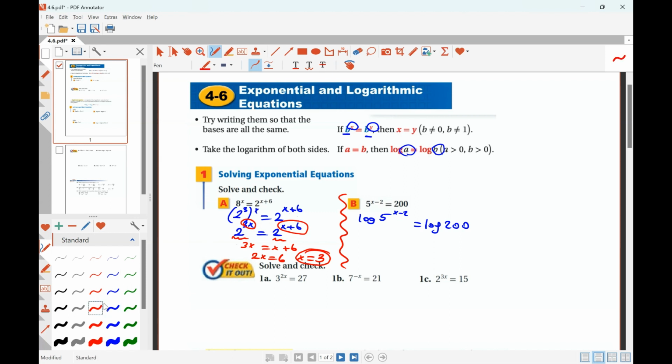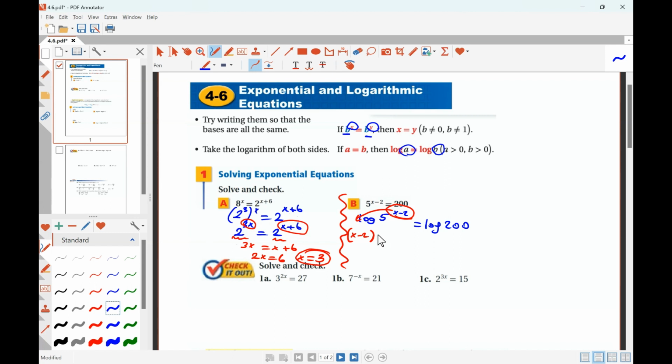Let's remember section 4. We have a power in the logarithm, so we can bring this power down in front. The exponent can be brought out in front, which becomes a coefficient. So x minus 2 is a quantity that I have to multiply by log 5, so I need to use parentheses.